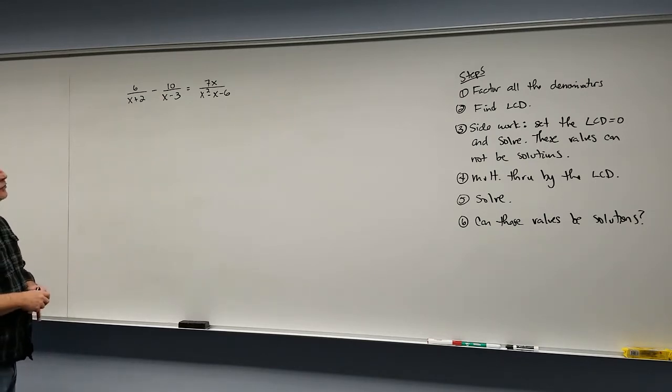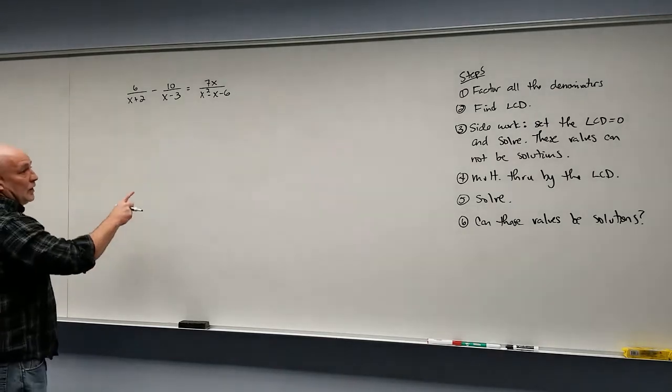All right, this is a little bit longer than the last one, but hit pause, see how well you can do. All right, if you're back, let's see how we did.